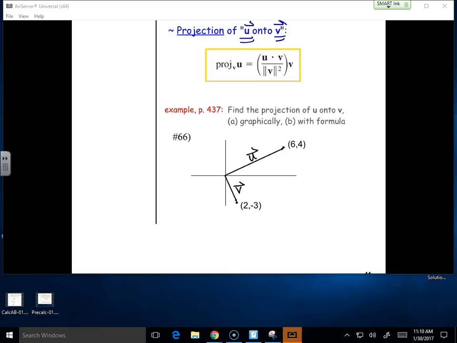We have terminal points from which we can figure out components, right guys? So since we're trying to do u onto v, we have to be very specific with our formula or else we're going to get in some trouble. Projection of u onto v is, okay, how do we do dot product?